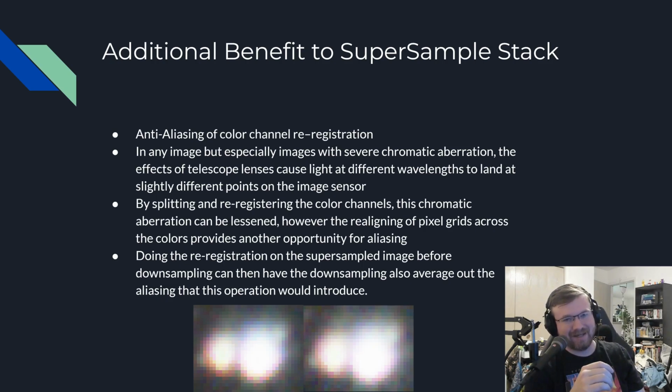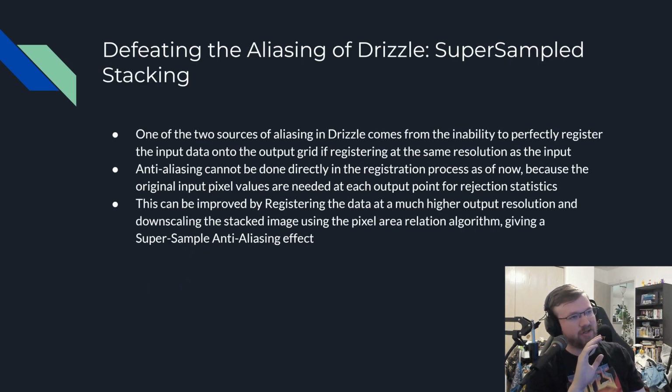So doing this re-registration of the pixels at a higher super sampled resolution and then downsampling can have the effect of anti-aliasing not just the registration process of the original data, but the re-registration of the color channels to help with chromatic aberration.